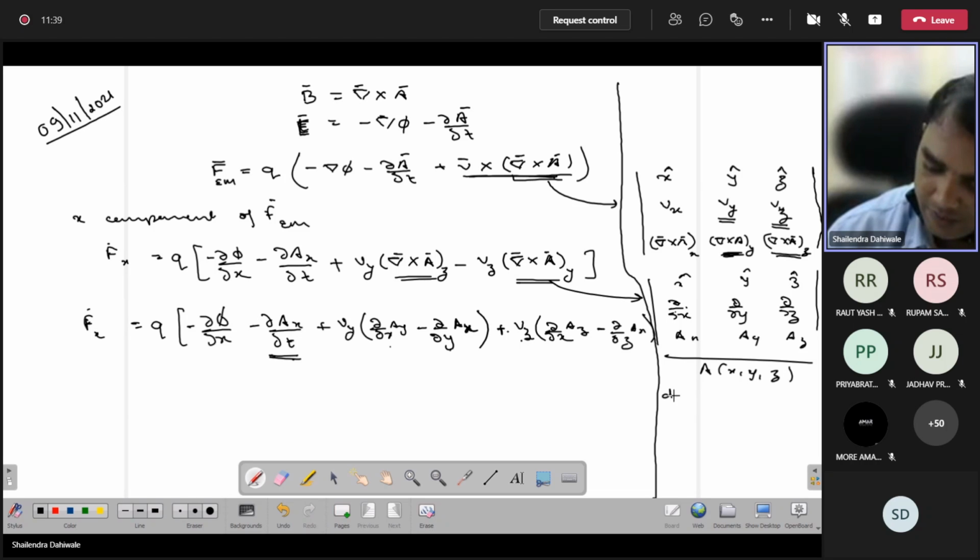So if I take dA by dt, only the x component of it is del Ax by del t plus del Ax by del x into x dot, so that is your Vx, plus del Ax by del y into y dot, and x and y depend on time.